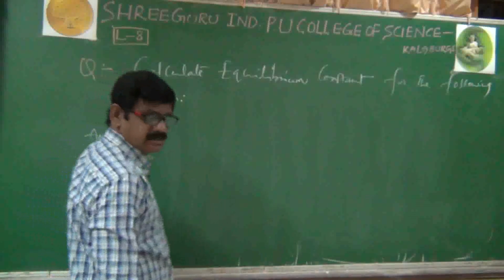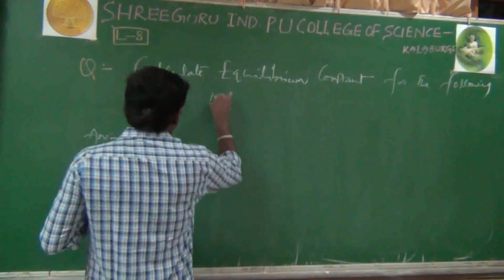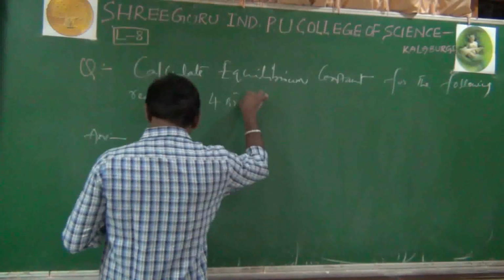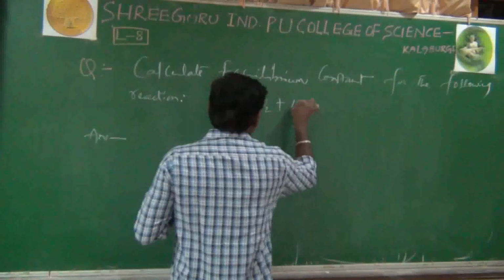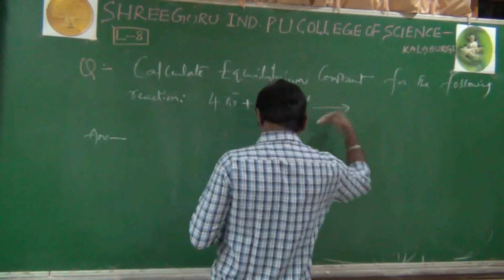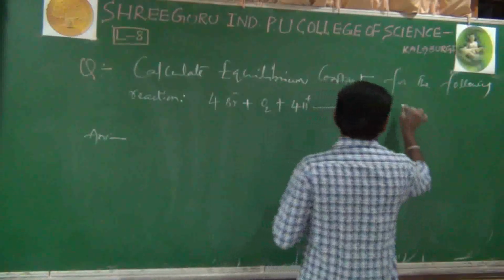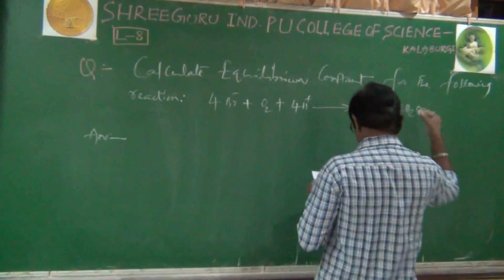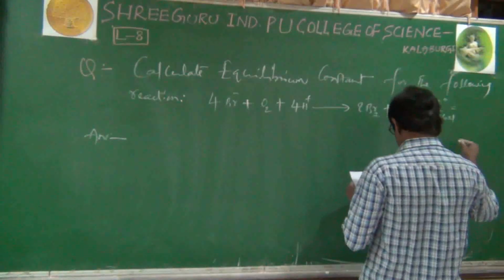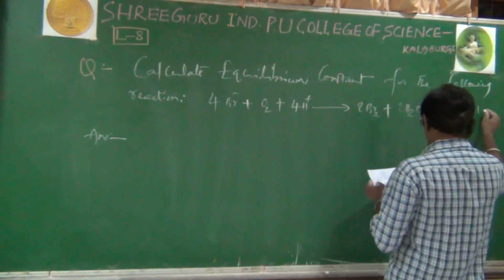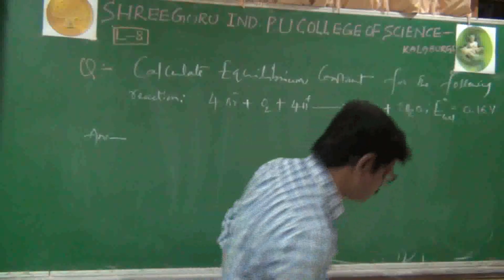Now I am giving a reaction. One reaction is already given in the question, that is 4Br minus plus O2 plus 4H plus gives 2Br2 plus 2H2O. E naught cell is equal to 0.16 volts. That's it. That's the question.